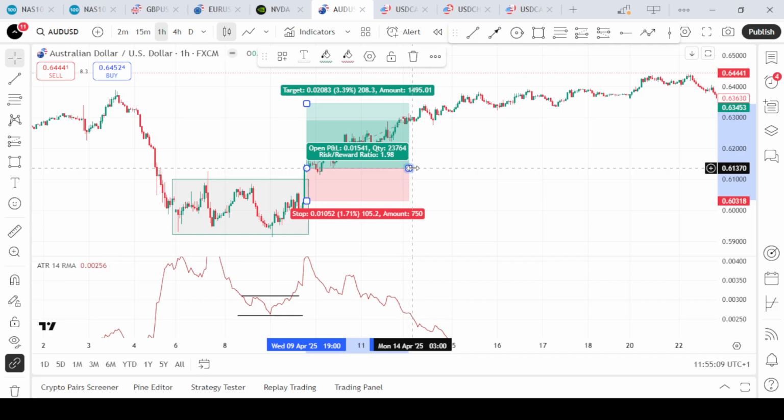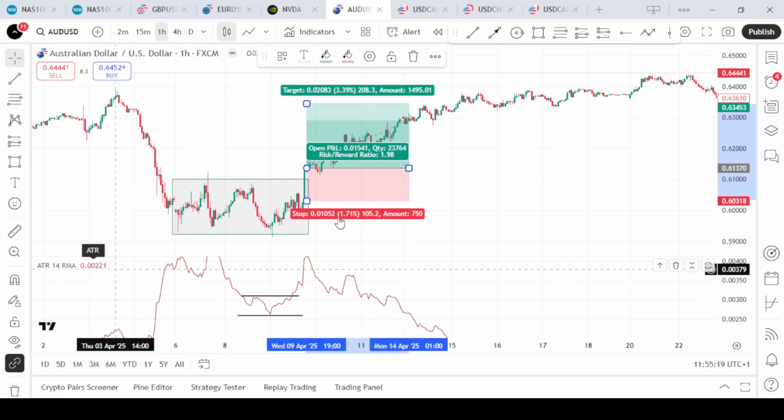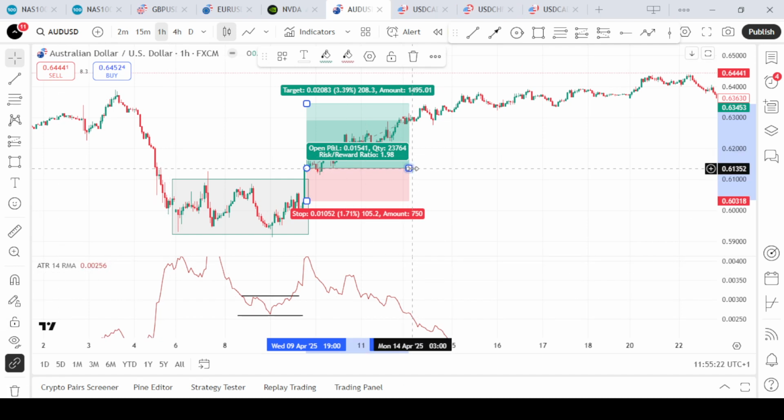This is your entry point. All you need to do is multiply the ATR value times 1.5 and subtract it from your entry value, meaning the ATR value at your entry point. This is what we mean.